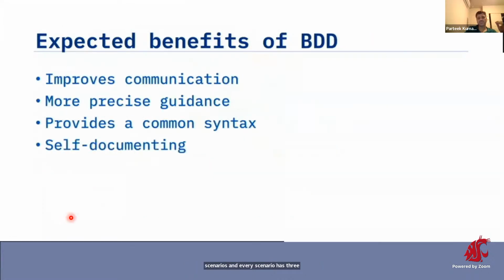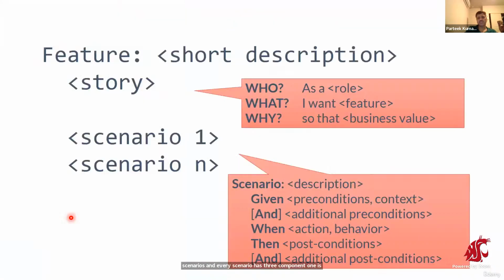So in this feature, we have a user story which has three parts: who, what, and why. And then we have multiple scenarios, and every scenario has Given, When, and Then parts, which are further supported by additional information which can be added by the keyword And.